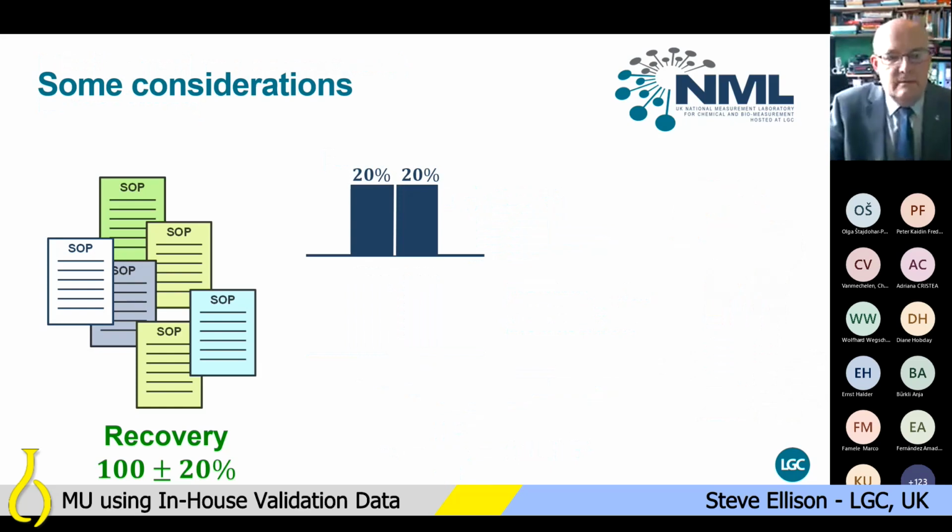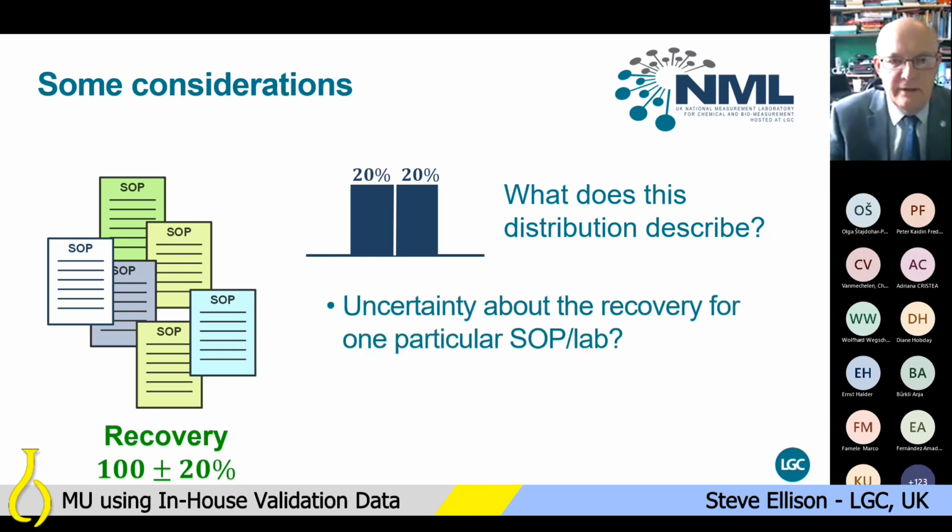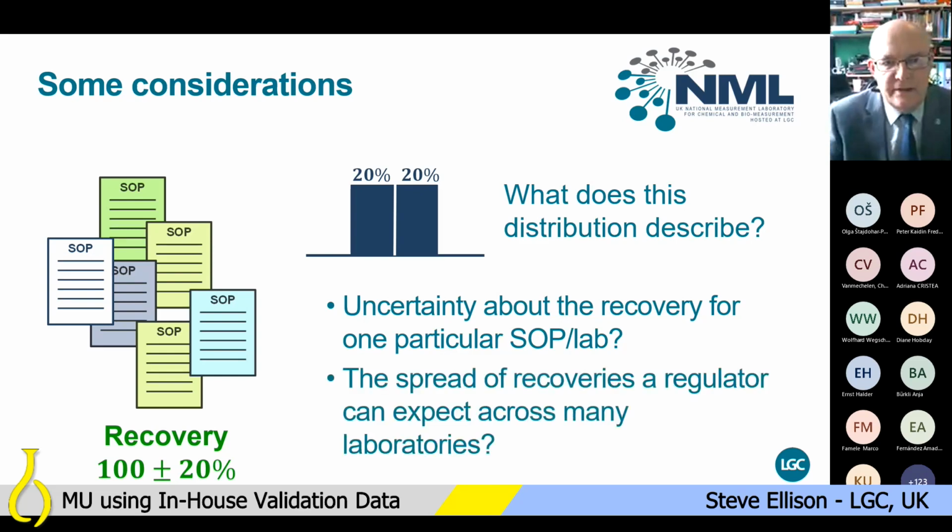There are some things I think that we need to think about. The first question I have is what this distribution describes. There are two obvious possibilities. One is it's a description of the uncertainty about recovery for a particular standard operating procedure or laboratory. That's how we treat the glassware uncertainty. The other is that it's the spread of recoveries that a regulator can expect to see across a large number of laboratories.